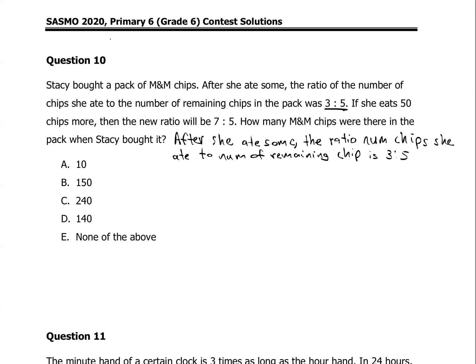So we'll draw a table for that as it looks easier. So amount she ate, remaining. The ratio of the amount of chips she ate is 3. The remaining amount is 5, and the total is 8 units.